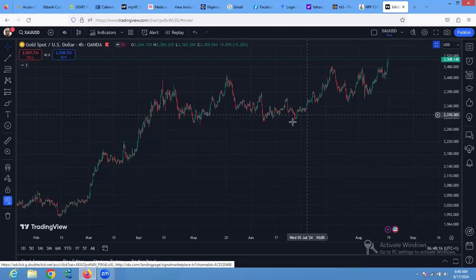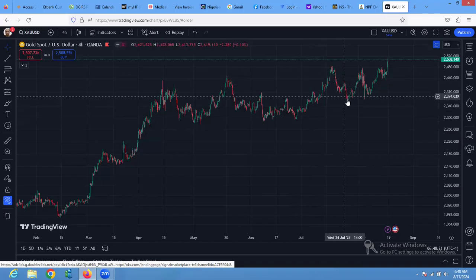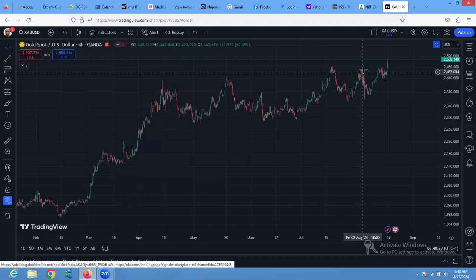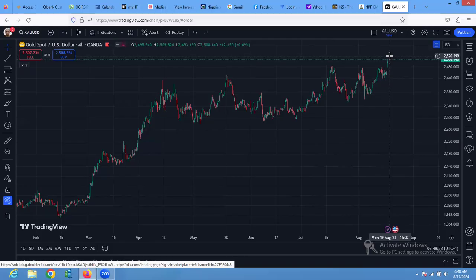From this level to this level, coming to a 2, we are probably seeing an inside structure of the third wave. This may be the first of the third, 1 and 2, and this is going up, probably building a nest to come down.